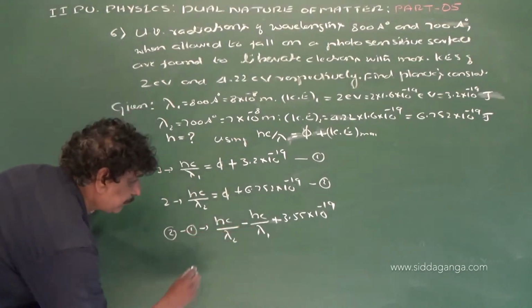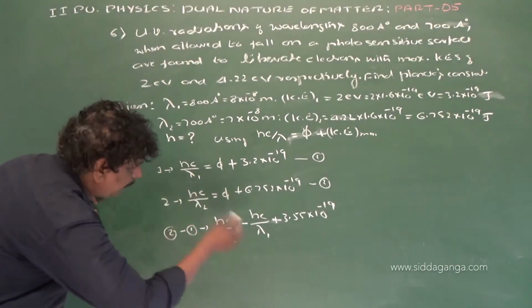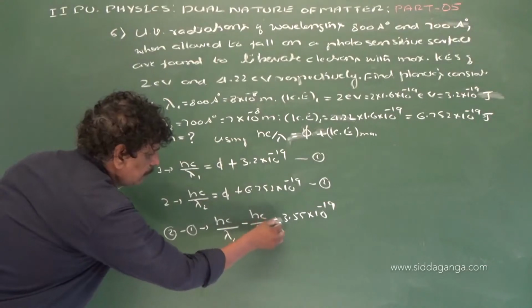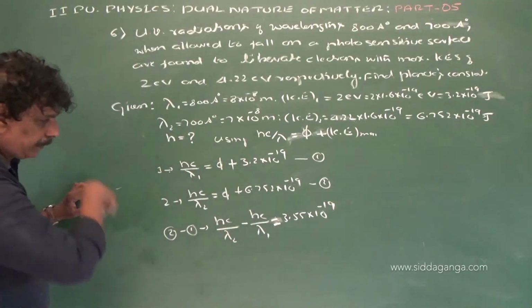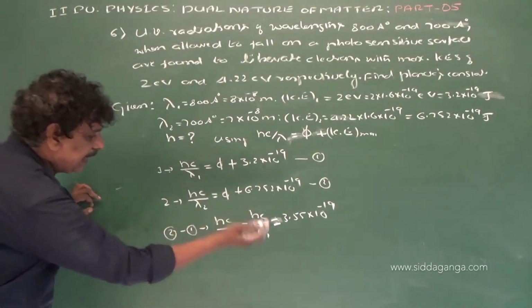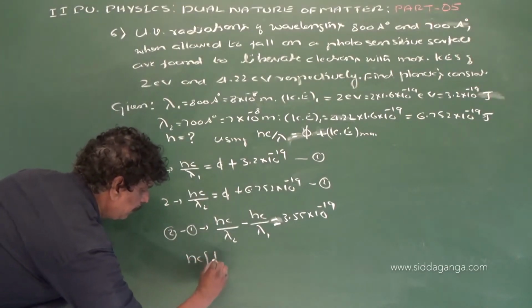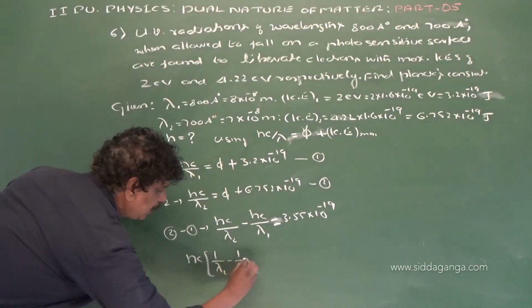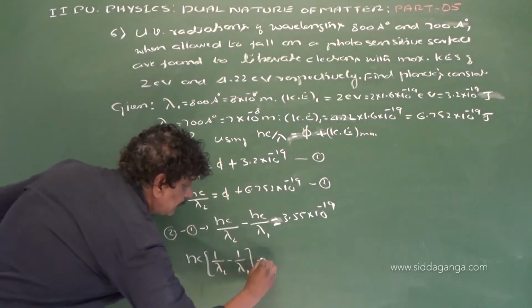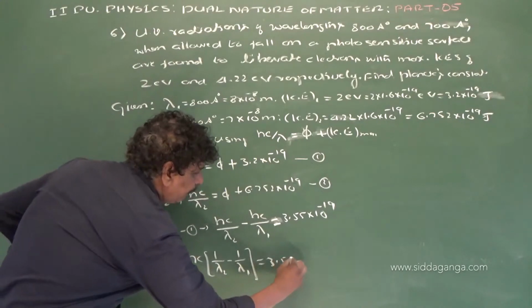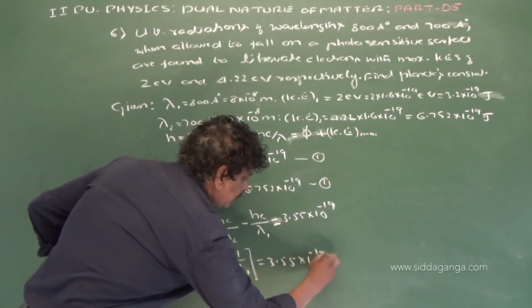Now here, no, this is equals, not plus. That comes out to be, phi gets cancelled, that is equals. Now hc into 1 by lambda 2 minus 1 by lambda 1 is equal to 3.55 into 10 power minus 19.